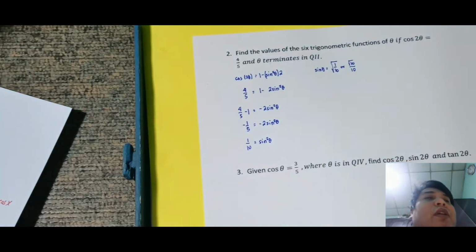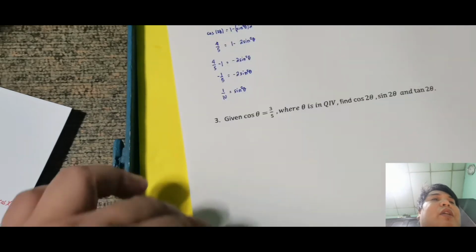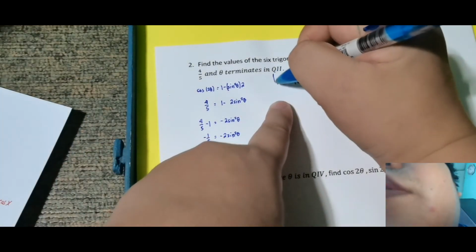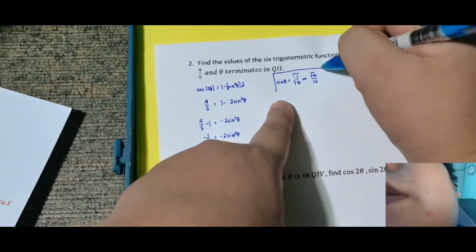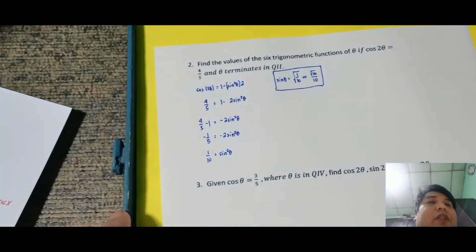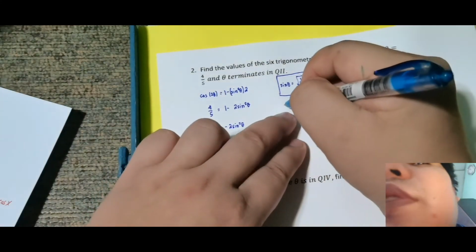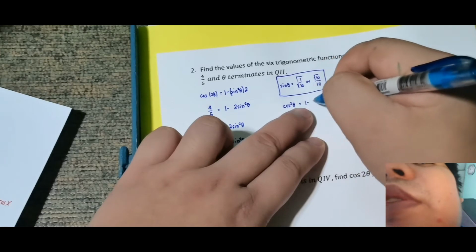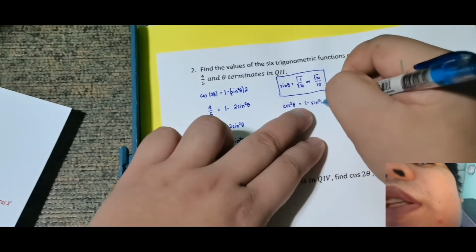Using yung ating rationalization. Okay, so since meron tayong sin theta, so we are now ready to find the value of cosine theta. So paano naman hanapin yung value ng cosine theta? Si cosine squared theta is equal to 1 minus sin squared theta.